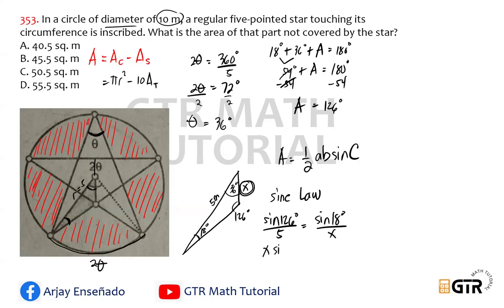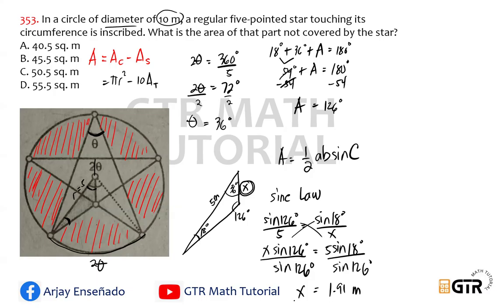We have x sine 126 degrees equals 5 sine 18 degrees. To solve for x, just divide both sides by sine 126 degrees. Therefore, the value of x will be equal to 1.91 meters.